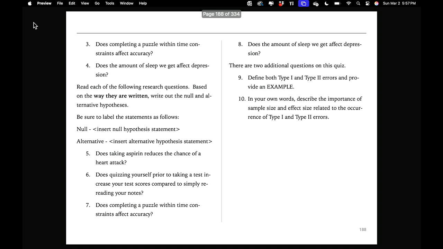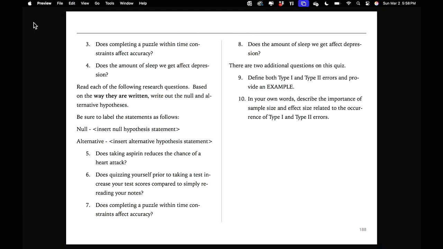You can do that for the first 4. And then for 5, 6, 7, and 8, you are going to write both a null and alternative hypothesis. Remember, you are probably going to have to come up with the operational definitions. Just make them up.